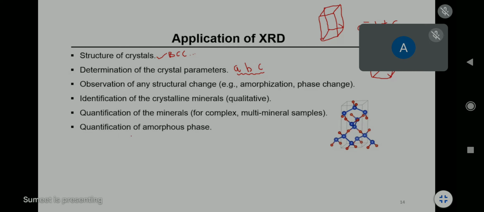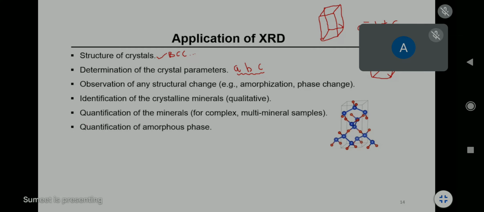And quantification of amorphous phase: some material will have a crystalline nature as well as some traces of amorphous nature. How much amorphous nature is present in a crystalline material will also get reflected from the XRD.